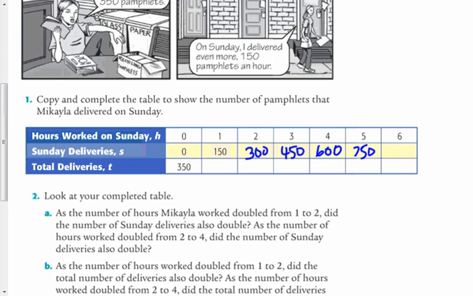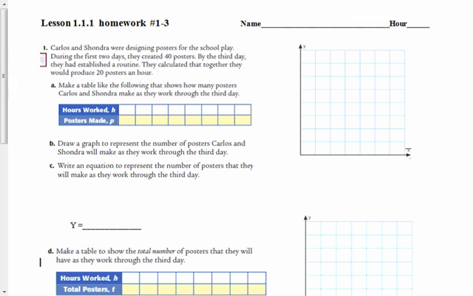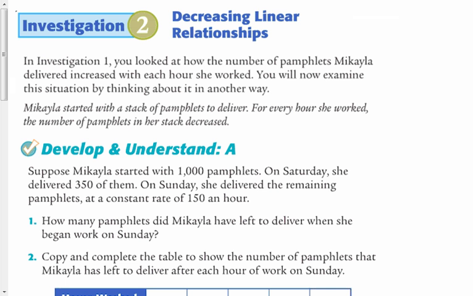Notice that both the hours and the Sunday deliveries are increasing. In other words, the numbers keep getting higher. That's called an increasing situation. We are now going to talk about decreasing situations in lesson 112.